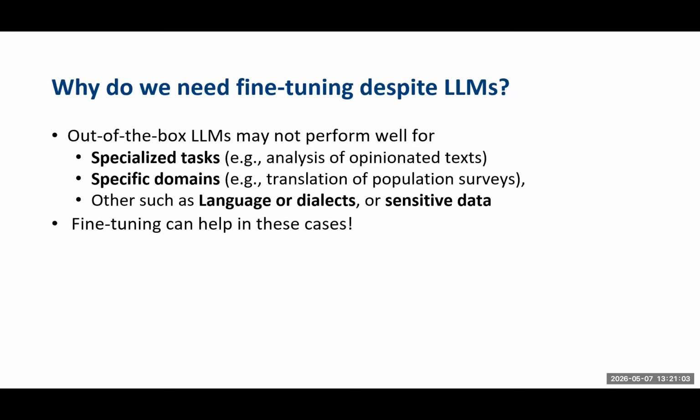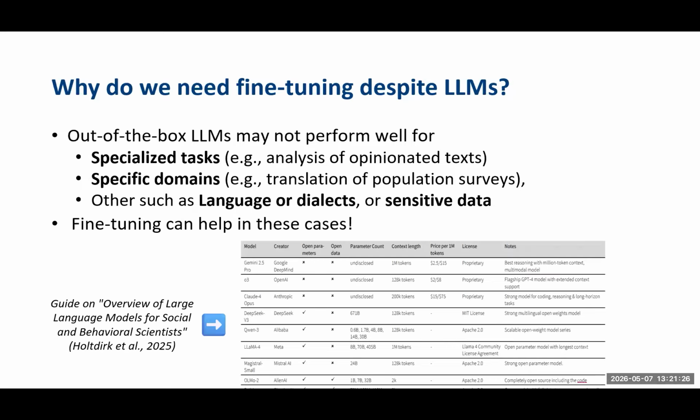And this also extends to other cases, such as languages or dialects that have not been in the pre-training data, or also sensitive data that, of course, or let's hope, has not been in the pre-training because it should not be available. And in these cases, you still need to fine-tune to get a good performance for your task.